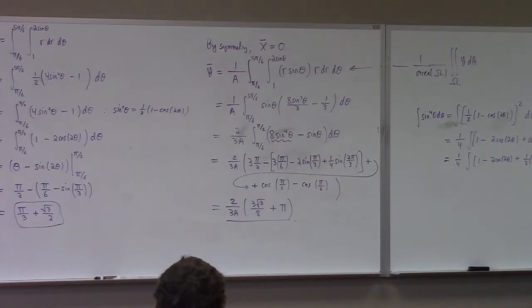So if I take that, and multiply that by what? 2 divided by 3 times the area. What was the area?